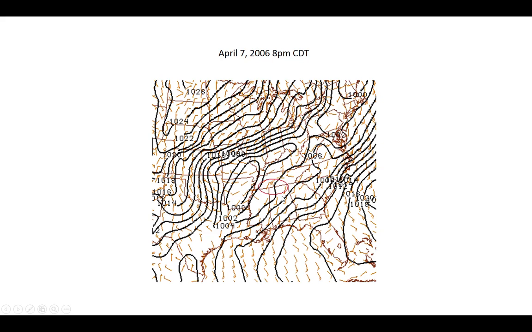And so that should have alerted some forecasters to say, hey, something's not right here in the environment. Unless we had extreme instability to help stretch or converge those updrafts and those mesocyclones, there just wasn't the low-level kinematics or wind flow that we needed to support violent tornadoes on this day.